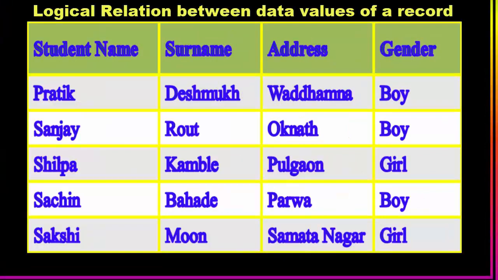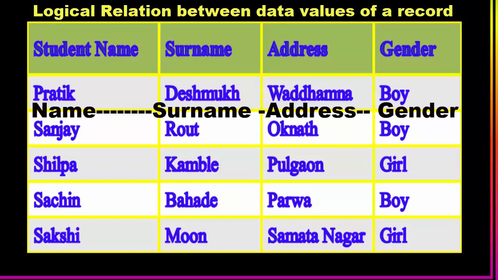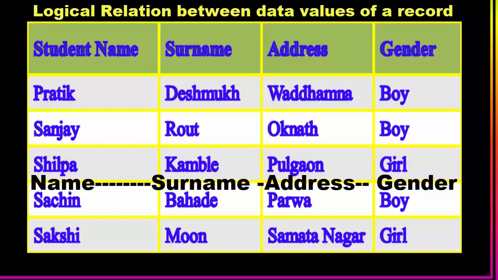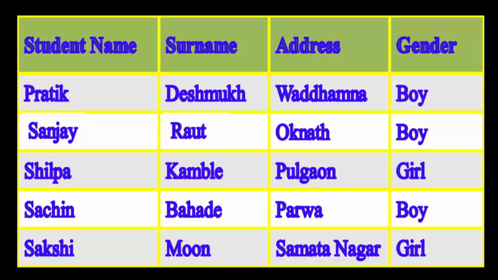Why did I say that the word related is important? Because whatever relationship exists between the data values of the first record, the same relationship exists between the data values of the second record, third record, and all the records of the same table. You just see, if we exchange the values of the second record, can you say that it is a record now?